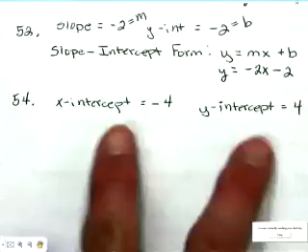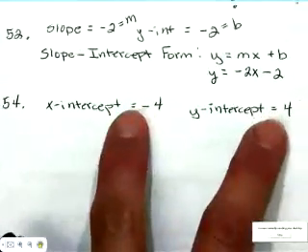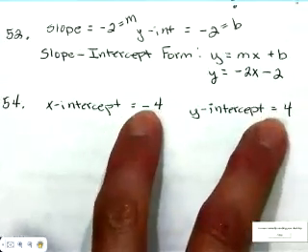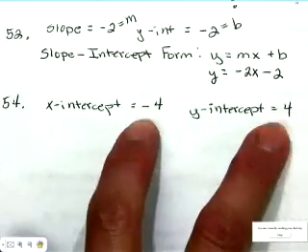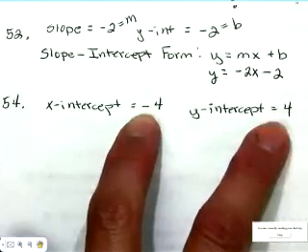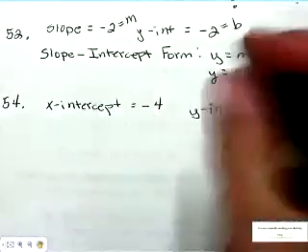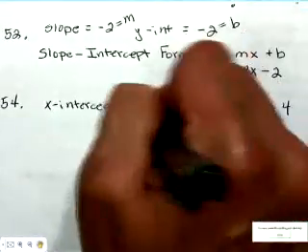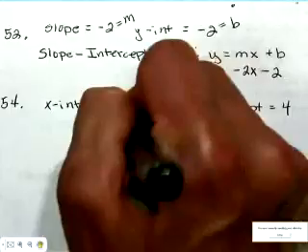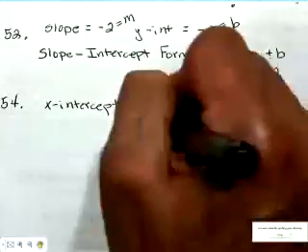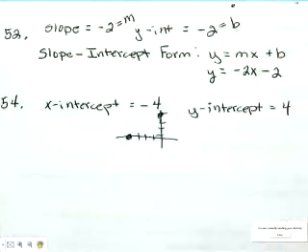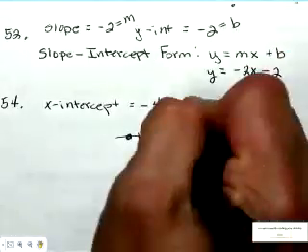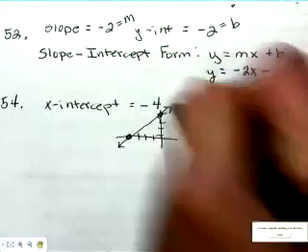The most common mistake is to put those two numbers together as if they were one ordered pair, the ordered pair -4, 4. But that's not the case. What I'm being told is that the x-intercept is here and the y-intercept is here. I want to find the equation of that line. How would I do it?